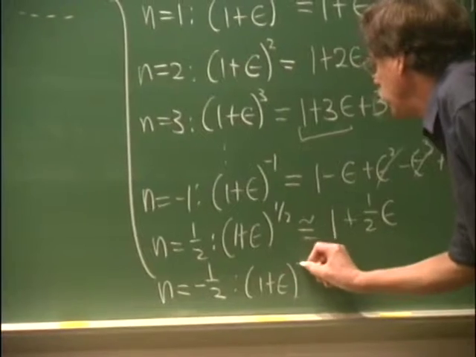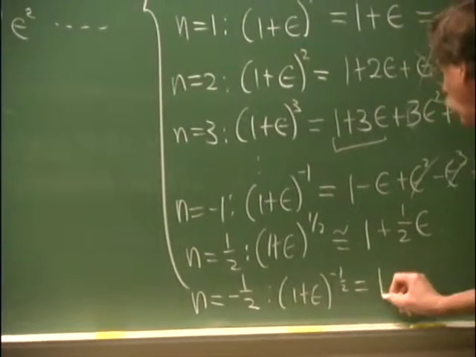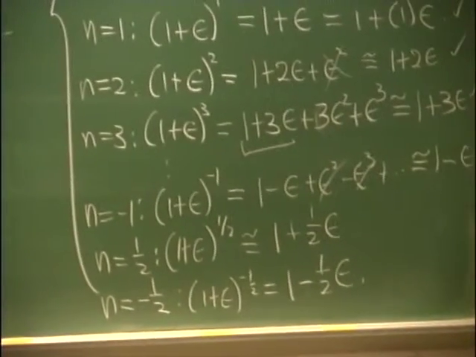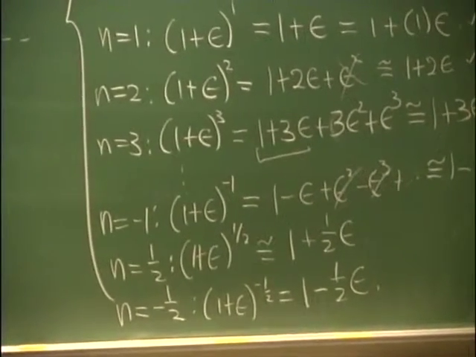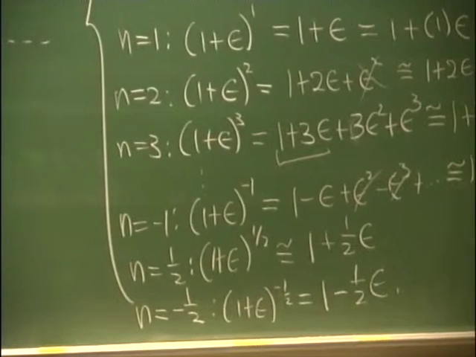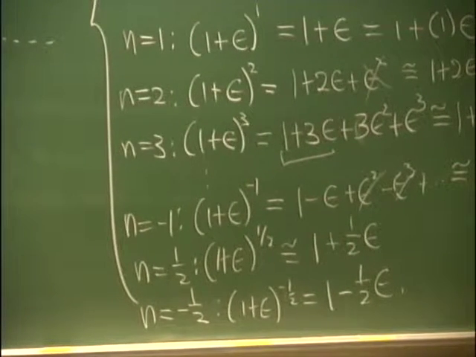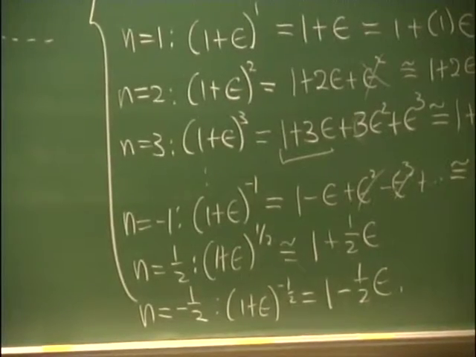That would be 1 plus epsilon to the minus 1/2 is equal to 1 minus 1/2 epsilon. Again, you can check that out on your calculator. Try calculating 1 over the square root of 0.98, for example. You could do it in your head. It's 0.99.